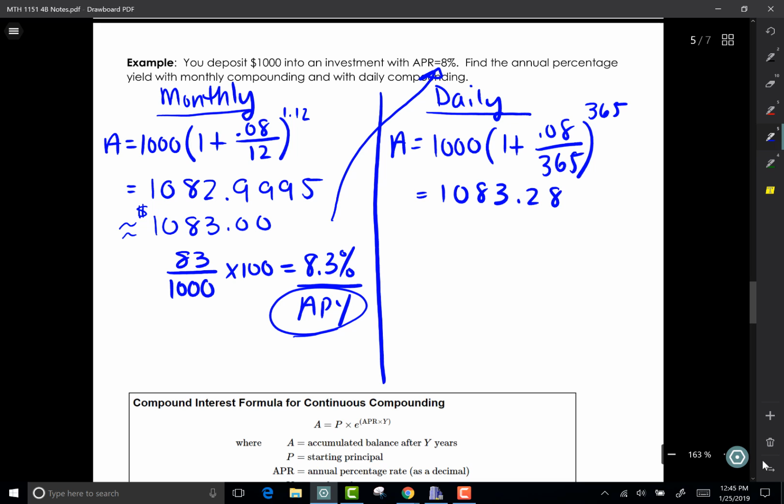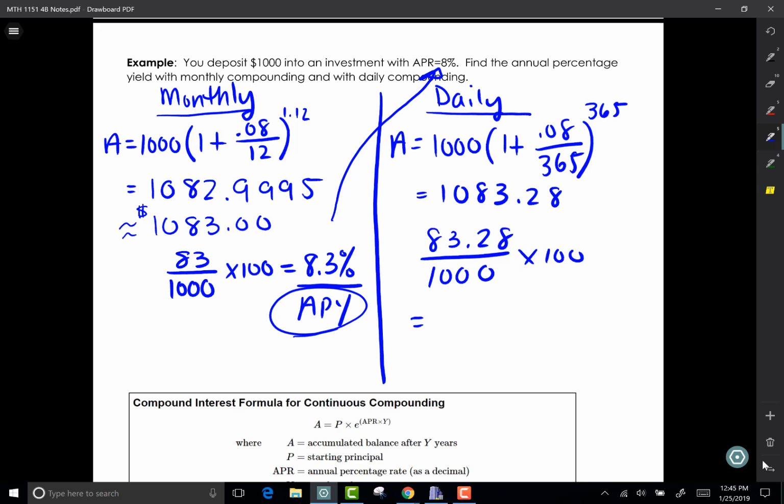So my interest earned was $83.28, and if I divide that by my principal and multiply by 100, that will give me my APY. So my APY is going to be 8.328%. So when it's compounded daily, even though we use 8% to calculate the compound interest for each period, over the whole year, we actually earned a relative percentage of 8.328%.